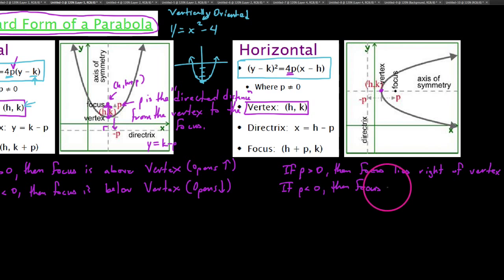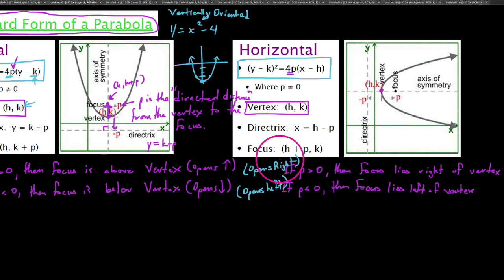In other words, essentially this opens right if p is positive, and it'll open to the left if p is negative here. From this equation we could tell exactly where the vertex is, just at (h, k), and then we could use the value of p to walk p units in the appropriate direction on the axis, to the right if positive and to the left if negative, to find the focus.